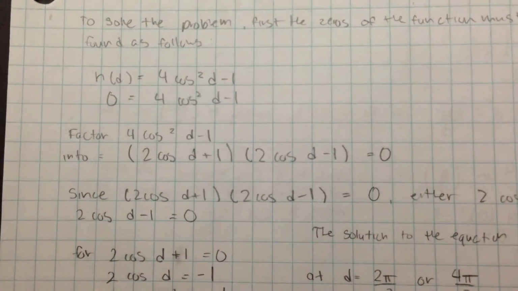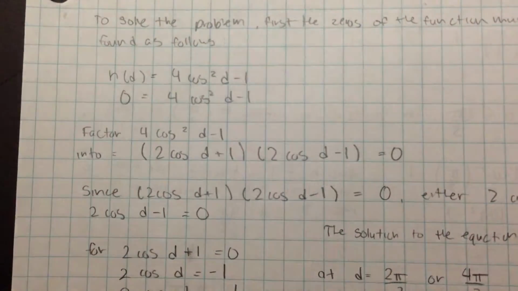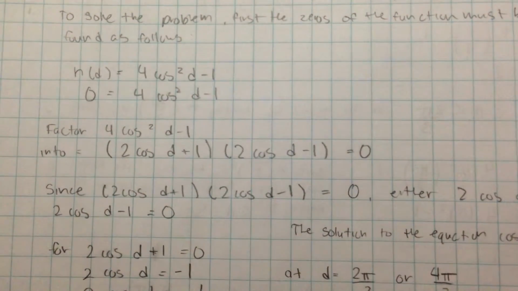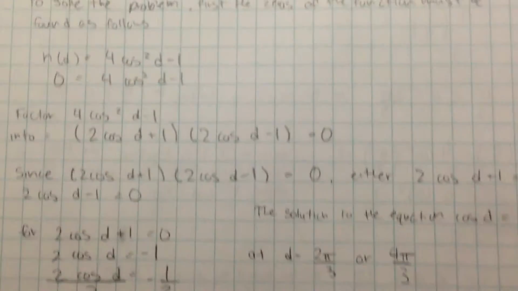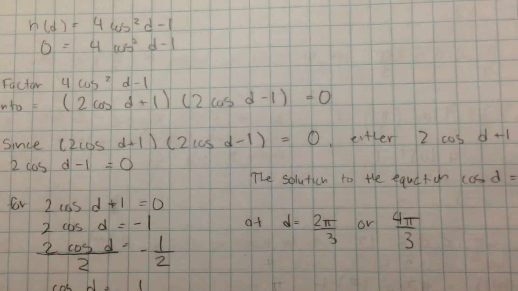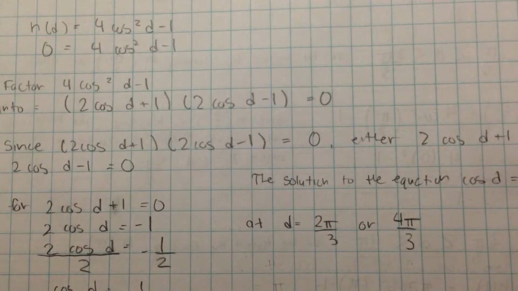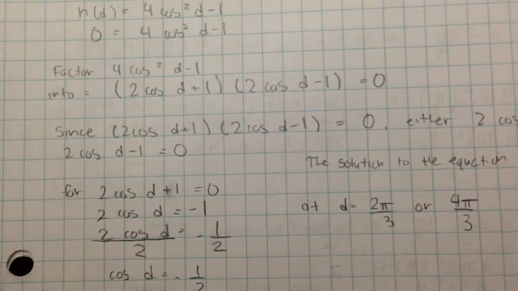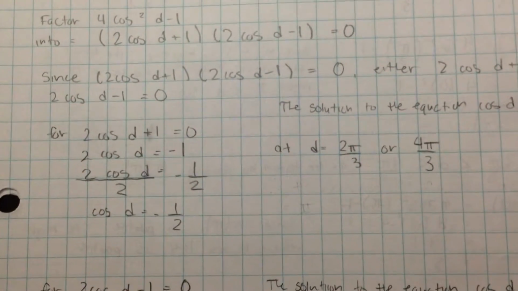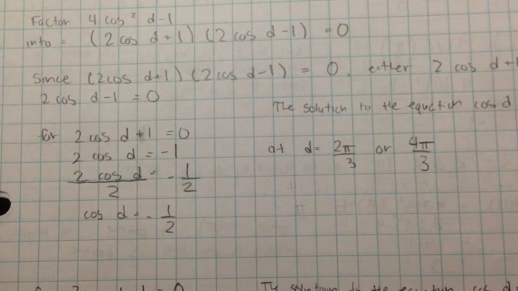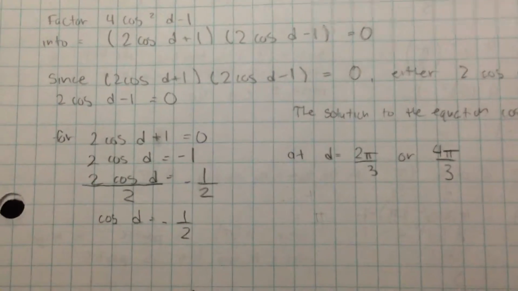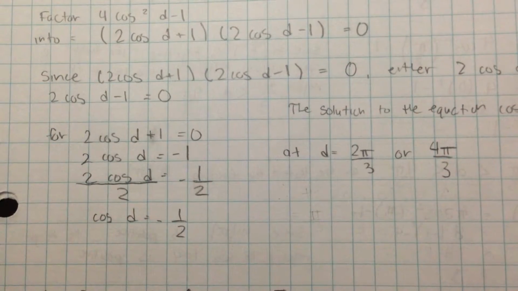When you factor 4 cosine squared d minus 1, it equals 2 cosine d plus 1 times 2 cosine d minus 1 equals 0. Either of the two factors can equal 0. For 2 cosine d plus 1 equals 0, you solve for d.